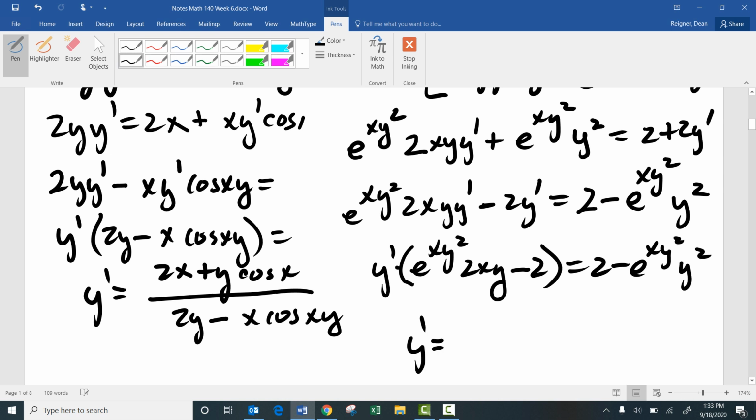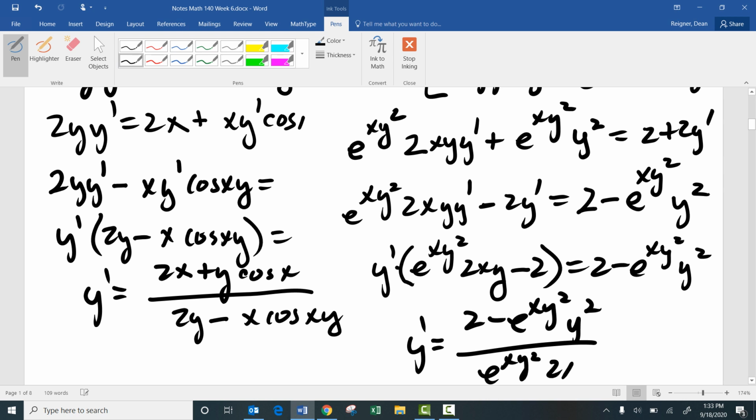All right. y prime equals 2 minus e to the xy squared y squared, over e to the xy squared 2xy minus 2. And you're done. So factor out a y prime and divide by that thing.